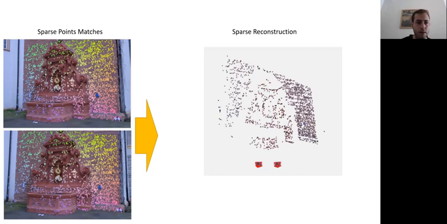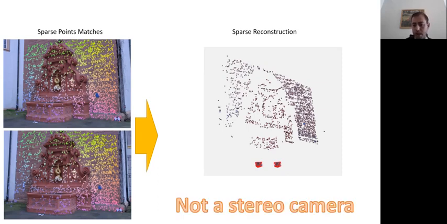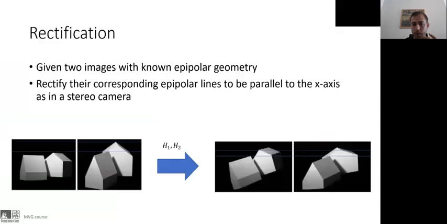But remember, until now, we talked about rectified images. But in general, cameras are not rectified, and we don't have the simplified rectified stereo pair.